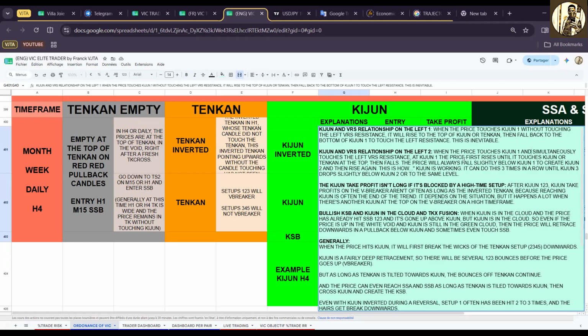Then the price will always fall slightly below Kijun 1 and create a Kijun 2 and then rise again. This is how Kijun is working. It can do it 3 times in a row, until Kijun 3 drops slightly below Kijun 2 or to the same level.